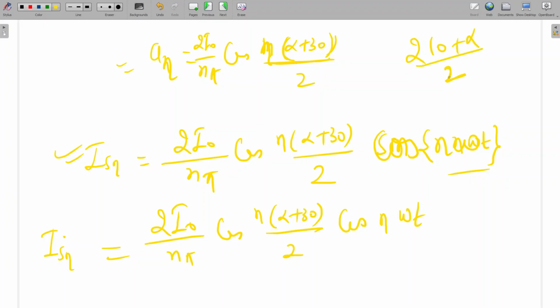So this we can write in terms of 90. One second. Is it possible to make it in terms of 90 shifting? 210 plus alpha.